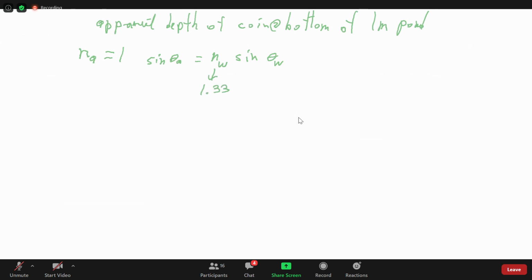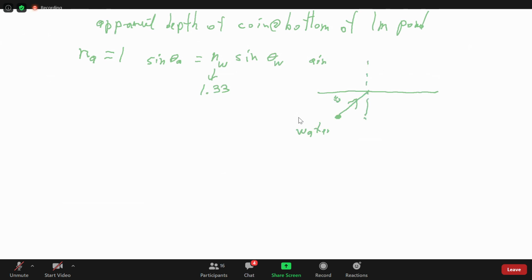So what does that look like? Let's see if I can copy this properly from my notes. Up top we have air, down below we have water. The coin is sitting over here, but the apparent image of the coin is somewhere up here. The light reflected off the coin goes this way.